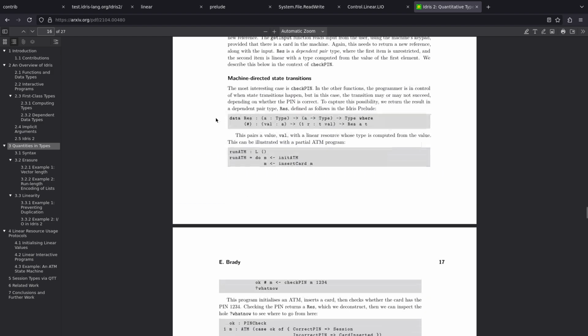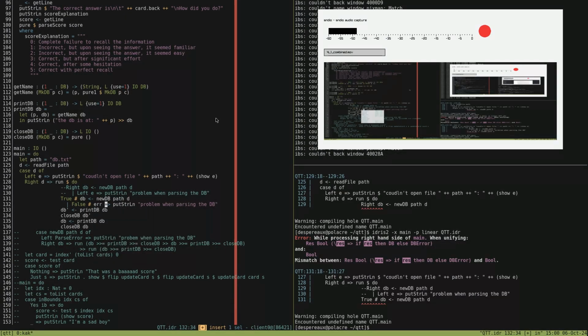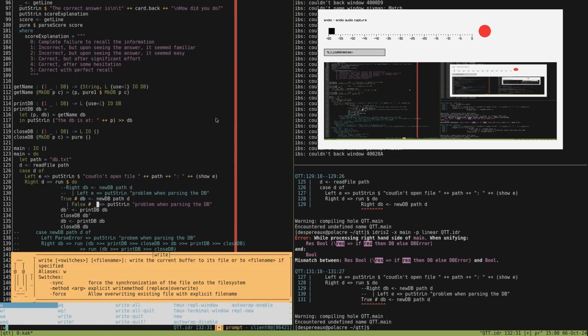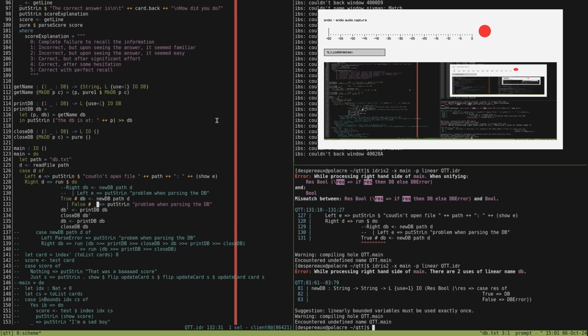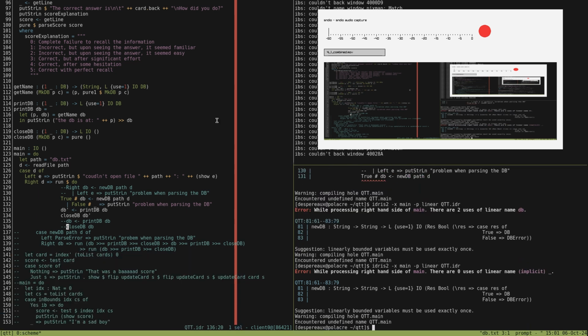I see. Okay, there are two uses of linear named dB. I agree. Oh, what have I done? There are 0 uses of implicit.